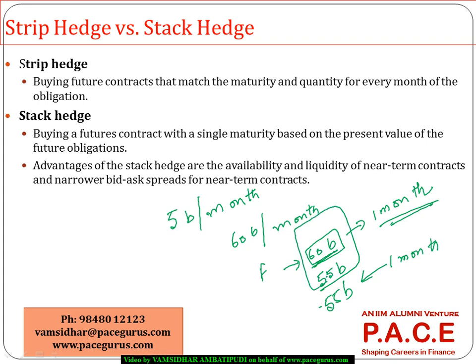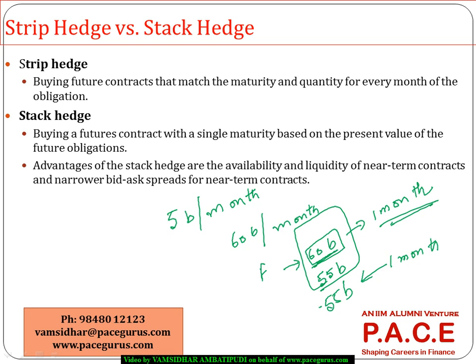You have really bought the 5 barrels which you require in that month. But for the remaining 55, again you are going for 1 more month future contract. So you are taking the whole bulk to start with because you want to take advantage of the price difference. You have taken a long position, you have taken a short position, and you want to take the advantage of the price difference until the last.